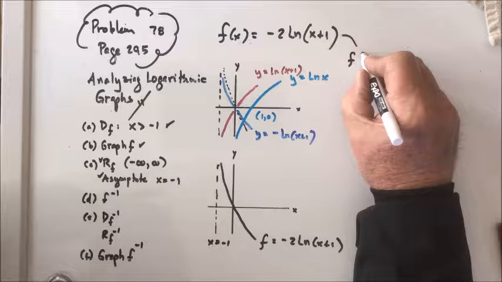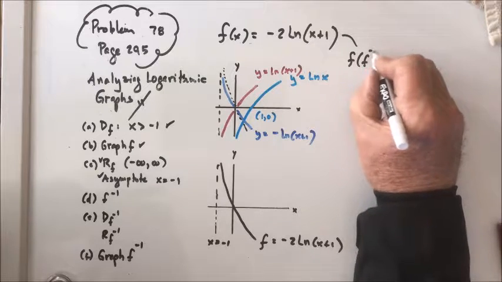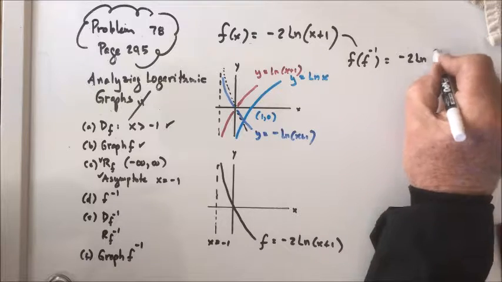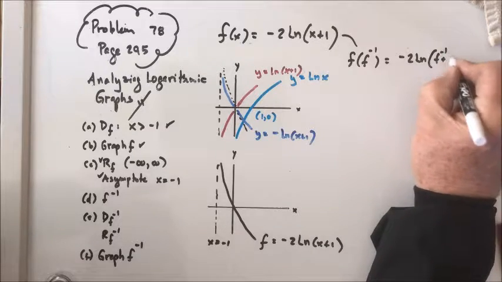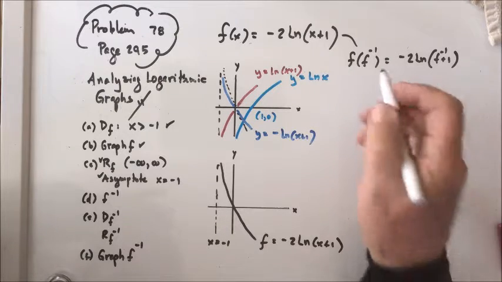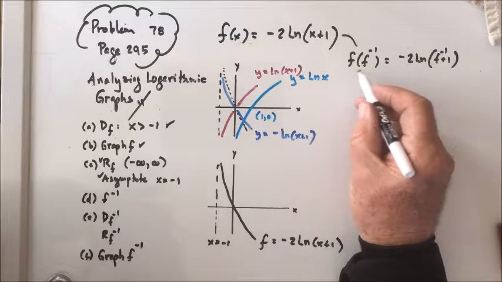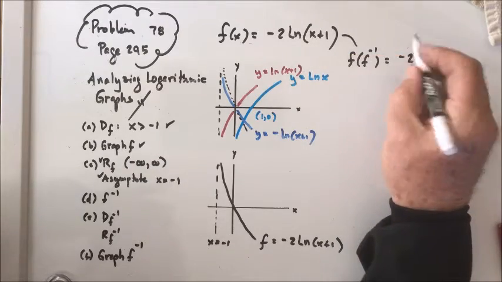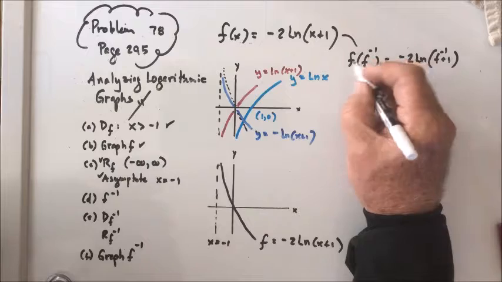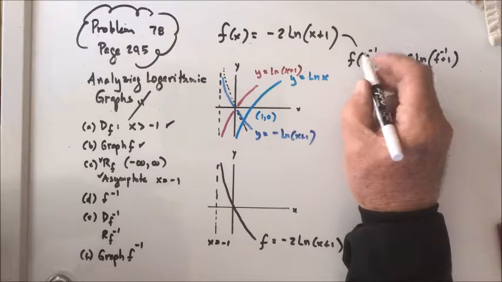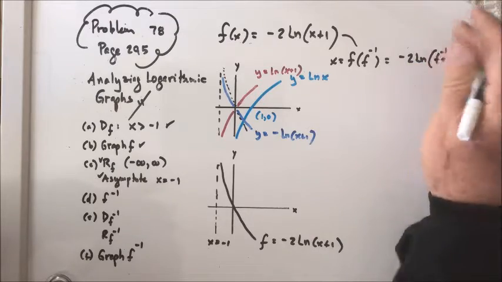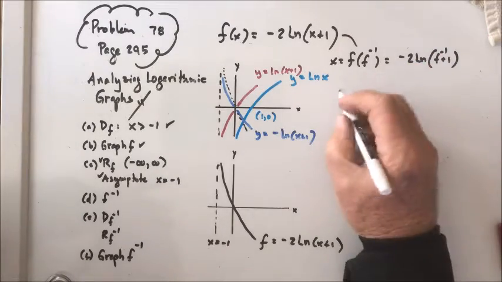That is, every place I see an x, I replace it with an f to the minus 1. And if that stayed on the line, you can see I've got a new expression, which is the composition of f with f minus 1. And if indeed f minus 1 is the inverse of f, then f of f to the minus 1 will be equal to x.